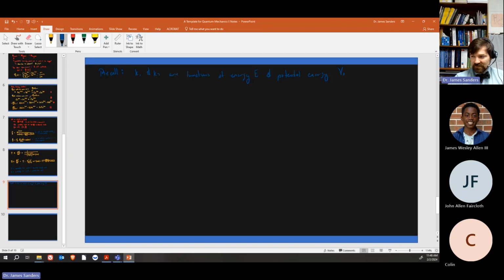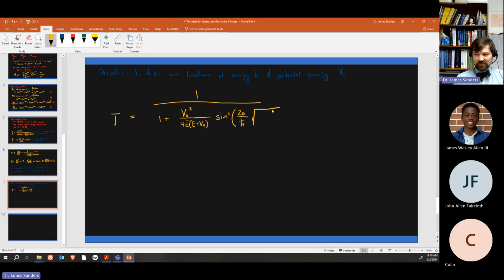So if we substitute back into these equations and get things in terms of our original variables, the transmission probability T is 1 over 1 plus V naught squared over 4E(E plus V naught), times sine squared of (2a over h bar) square root of 2m(E plus V naught).